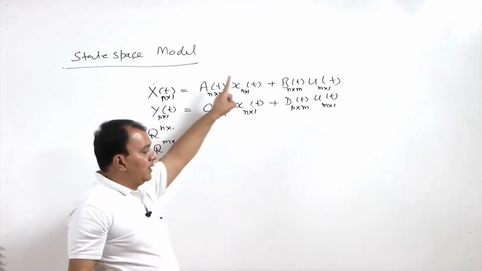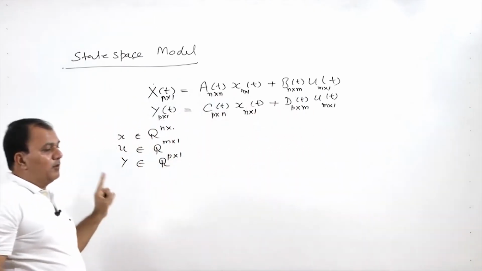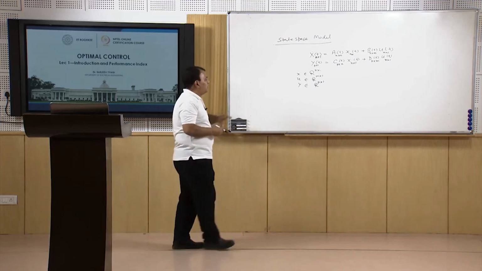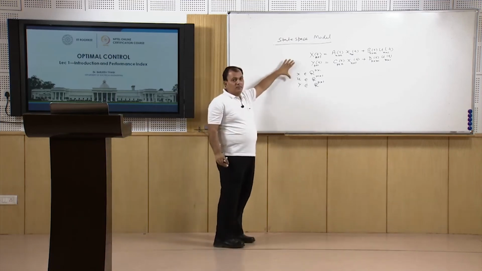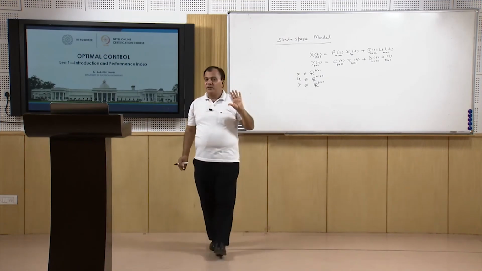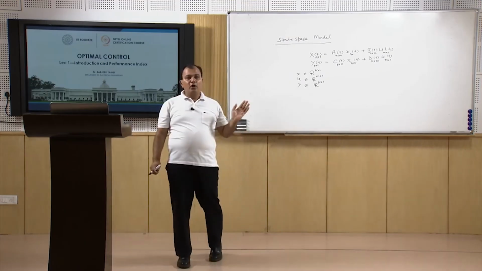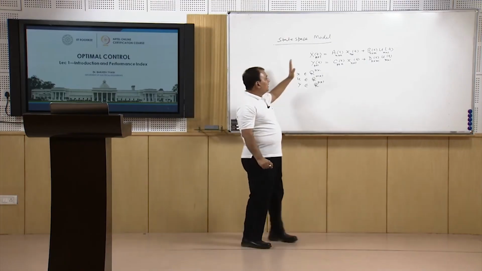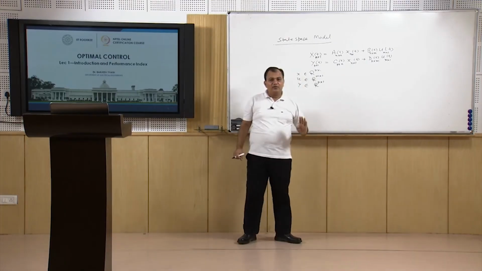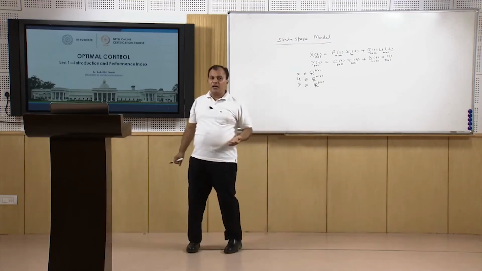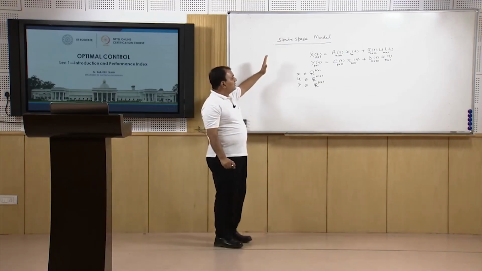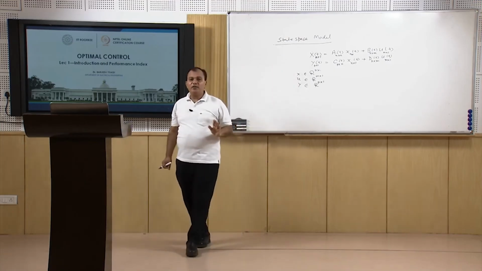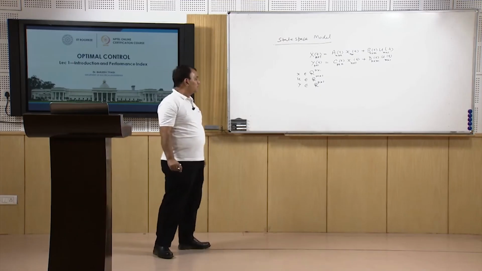So, this is the mathematical model in state space in which we can represent any physical system, whether single input single output or multiple input multiple output, or whether my system initial conditions are 0 or there exists an initial condition. So, this is the general description of a plant in state space which we have to consider.